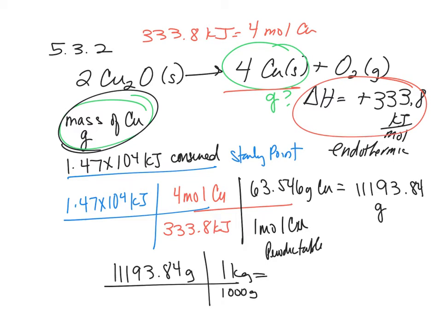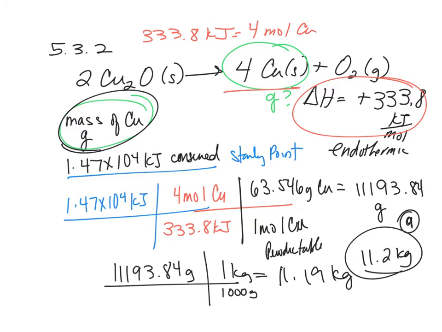So now I'm going to take my number and divide by 1,000, and I get 11.19 kilograms. Do we have 11.2? We do, and A is the answer.